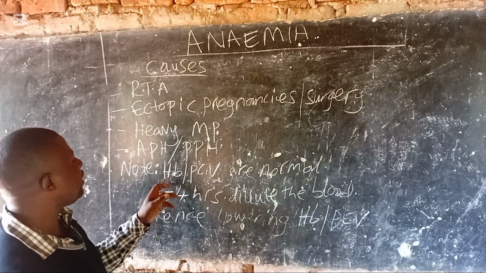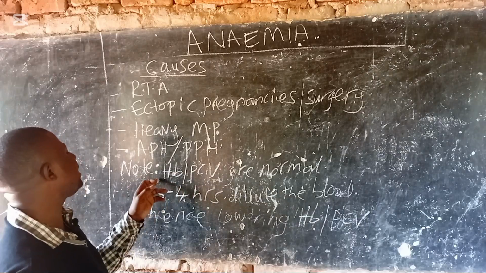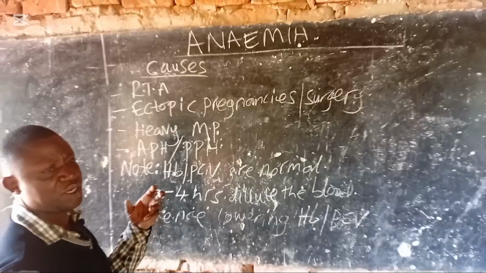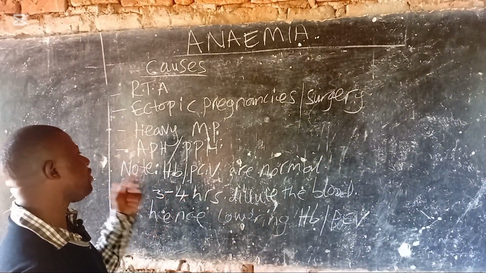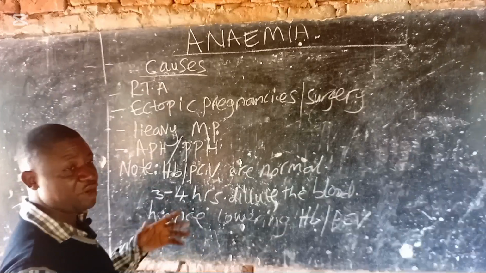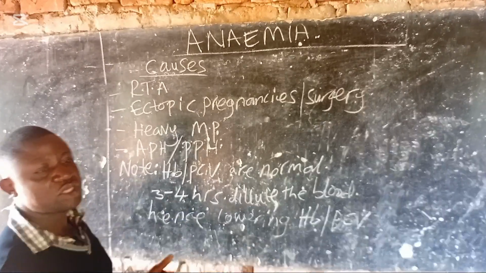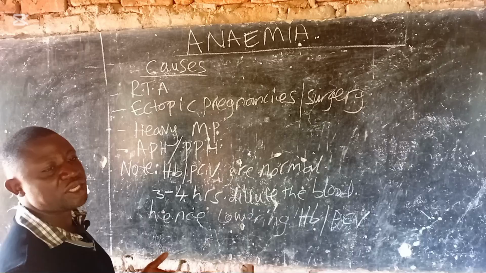So if the HB is normal for somebody who has bled too much, just know that you have got those normal results, but according to the way you have seen the bleeding, the doctor in most cases has to recommend a transfusion.